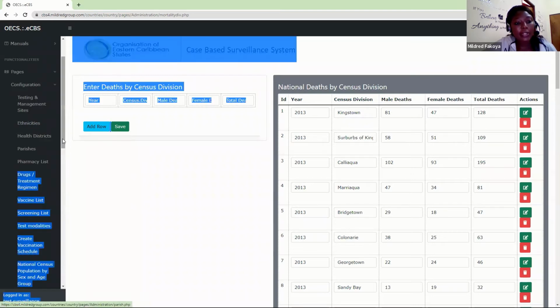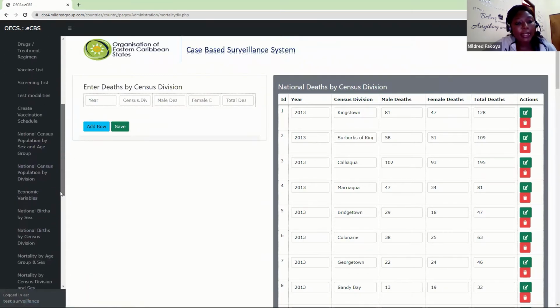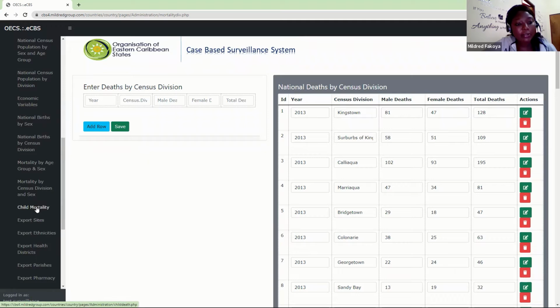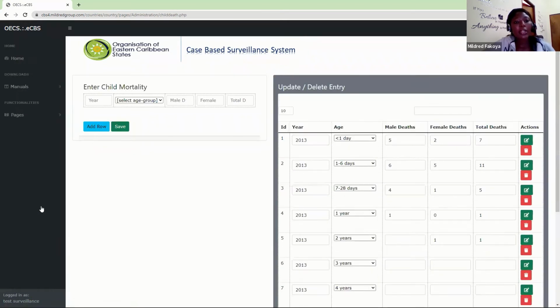The child mortality is also important when we are looking at the deaths of exposed infants. And so the child mortality only looks at children from less than 1 day to 4 years old. And you want to record the number of male deaths, female deaths, and total deaths for each of these categories of children.